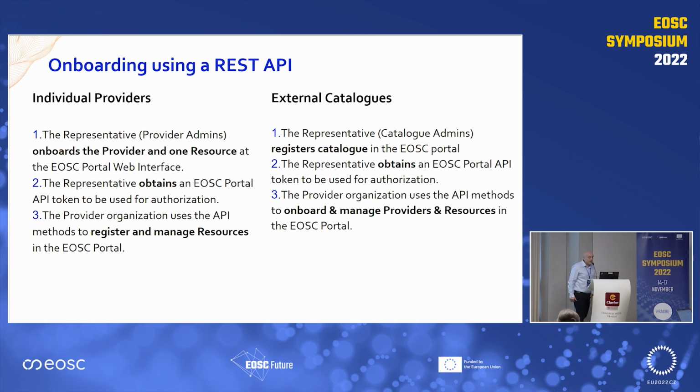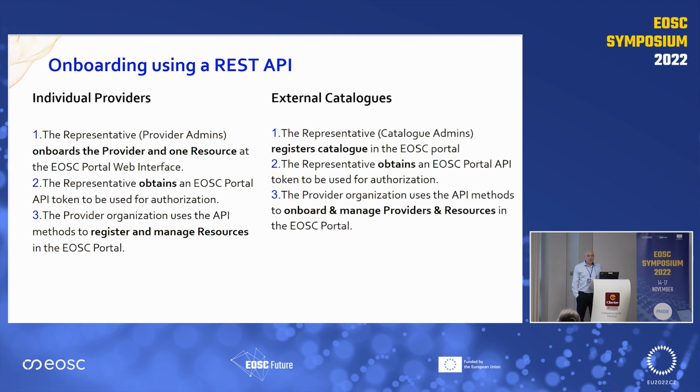For onboarding using a REST API, again, there is a different part if you come as an individual provider or as an external catalog, but essentially you use the same API calls.